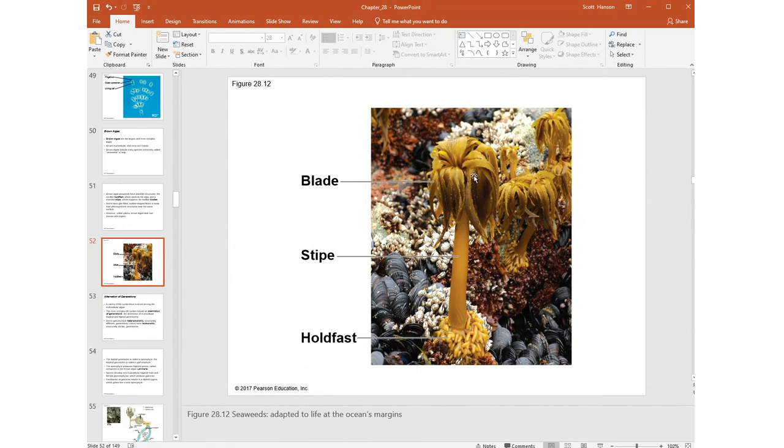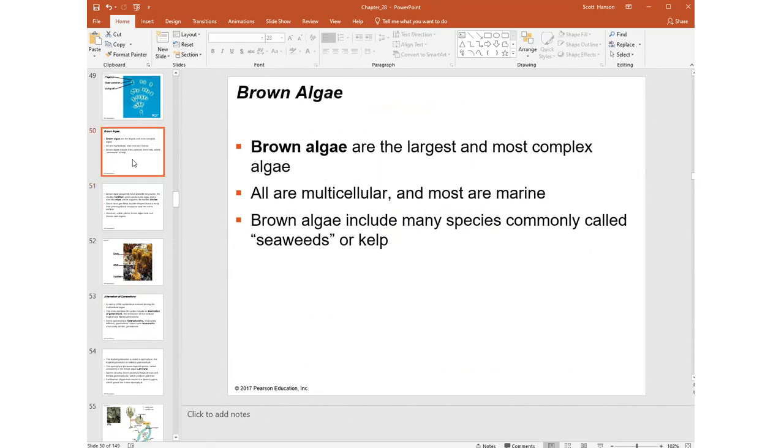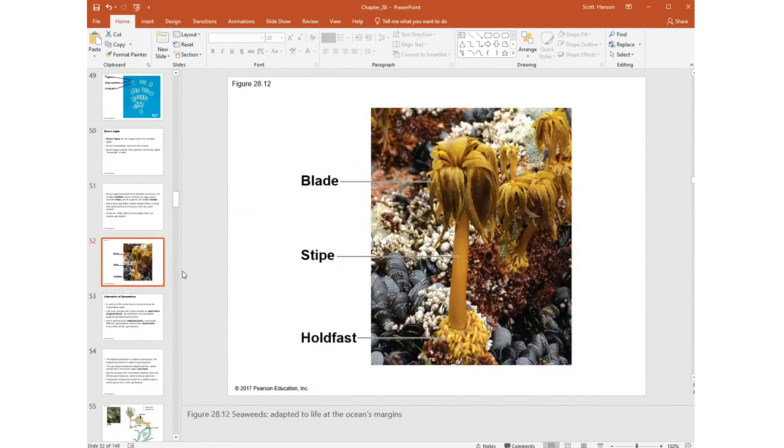If you guessed brown algae, you'd be right. So the blade is the photosynthetic part, the stipe is kind of like a stem, and the holdfast is analogous to a root of a plant. But remember, these are not plants because they don't have complex organs and tissues like plants do, and the makeup of the cells is more like protists than plants.